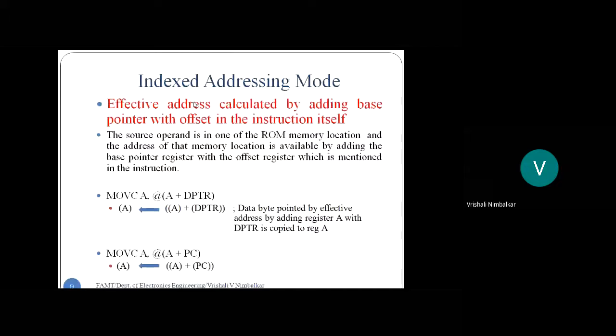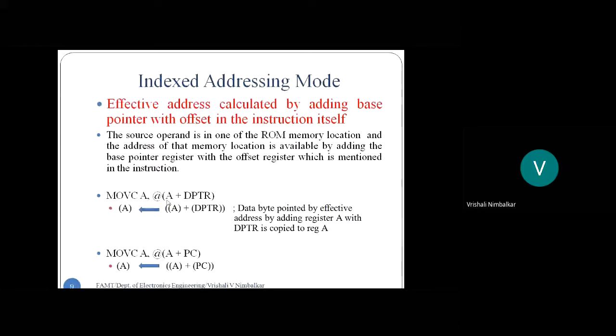Correct? So let us directly see the example. Now, whenever we are reading from ROM memory, the mnemonic is MOVC. C stands for code memory. Correct? So MOVC indicates data transfer from code memory.